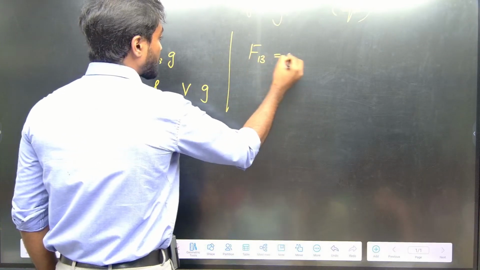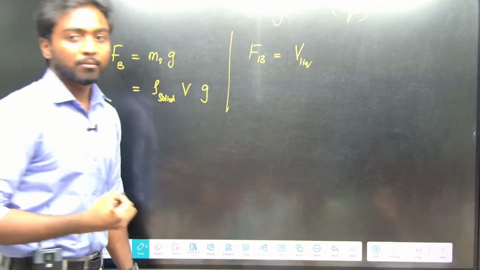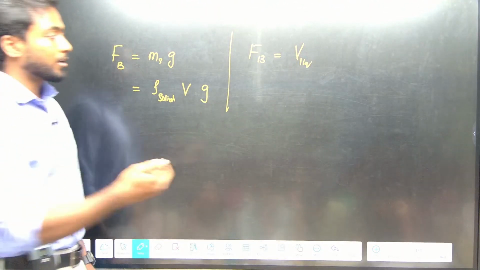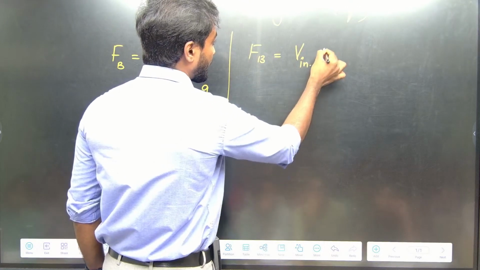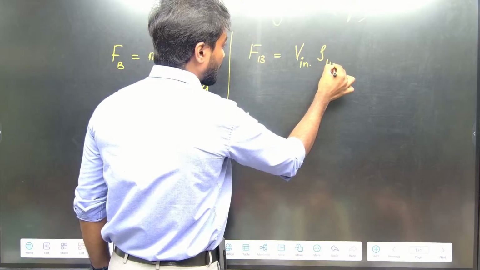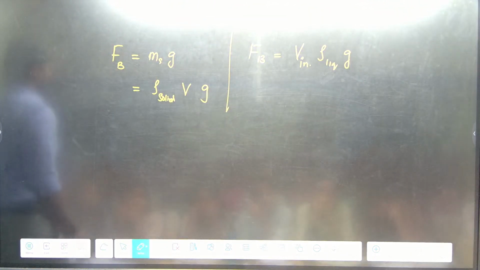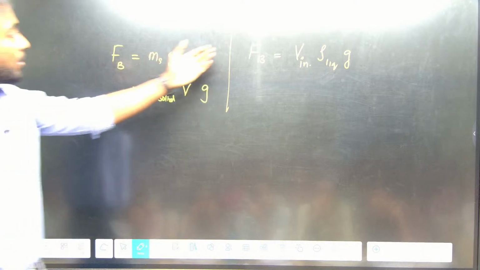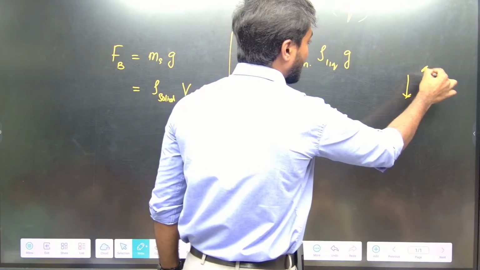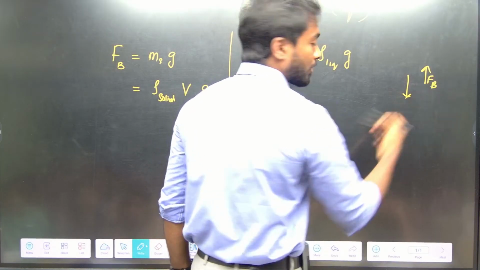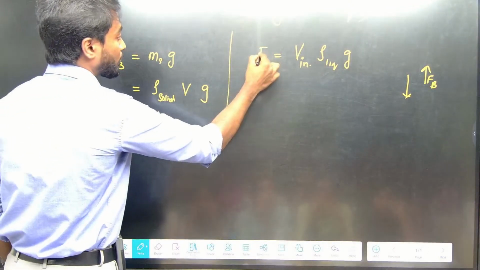Fb is equal to the volume of the liquid present inside the container, and the density of the liquid, and the gravity. Any doubt? One force is acting downwards, the other force is acting upward. If I talk about the two forces, both are equal, we have talked about that.